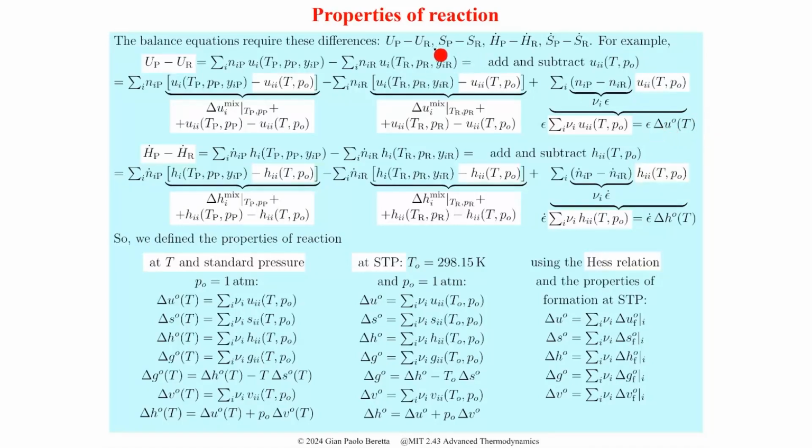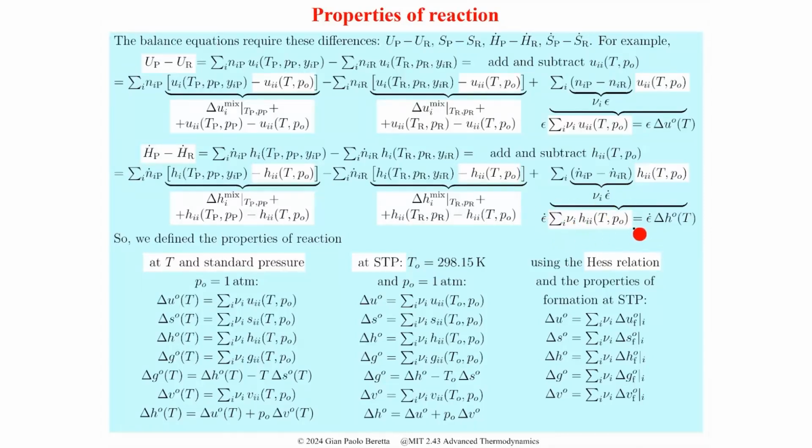You can do that for all the other differences here. For example, this is for the enthalpy, the rate of enthalpies. Add and subtract the pure component specific enthalpy. In this final term, you get the proportionality relation for the continuous process. Epsilon dot goes out of the summation.